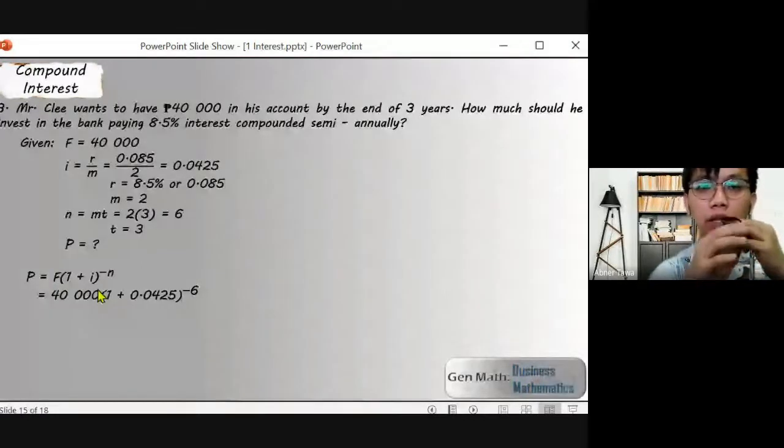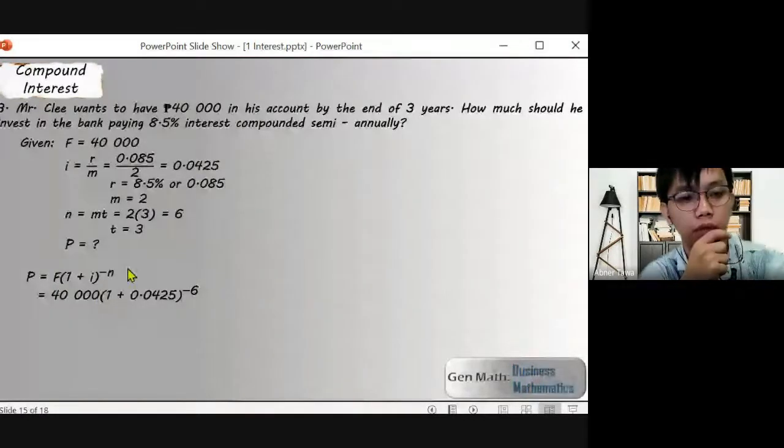And after identifying the formula to be used, we're just going to substitute the given towards the formula. So what is the value of F? That is 40,000 multiplied to 1 plus what is the value of I? We have here 0.0425. And then the value of n, that is raised to negative 6. So don't forget the negative sign here.